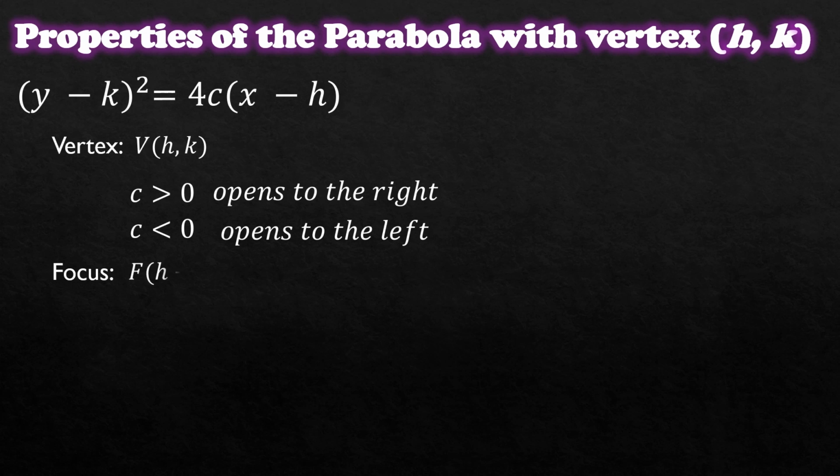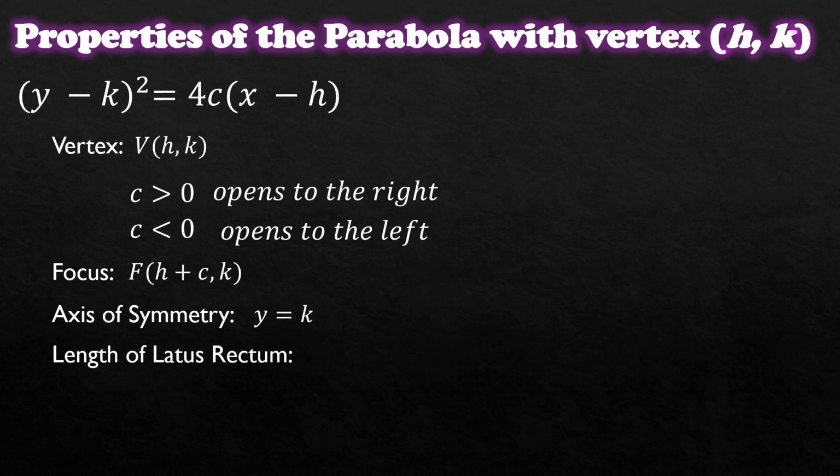The coordinates of the focus will be (h plus c, k). The axis of symmetry this time will be the line y minus k is equal to 0, or y is equal to k.